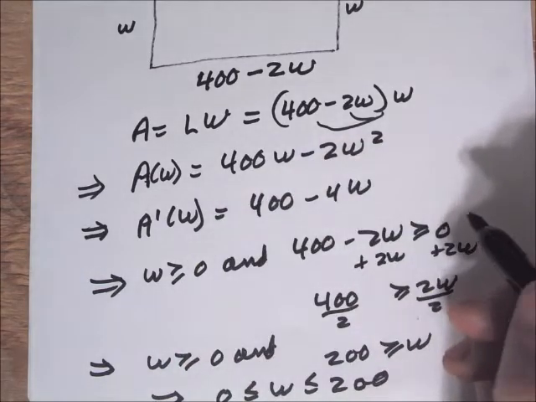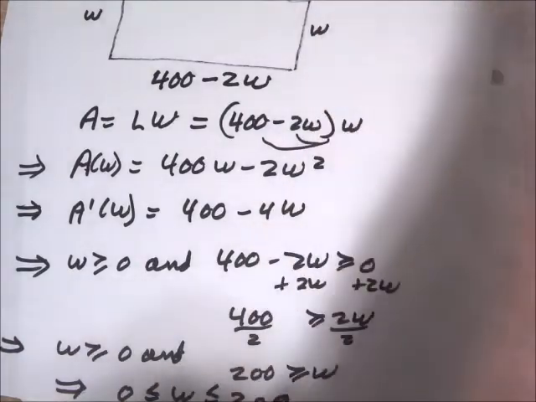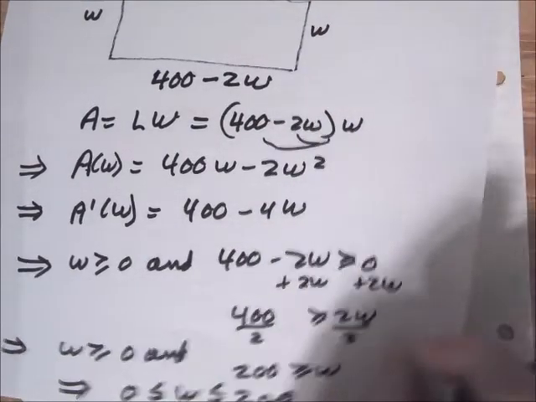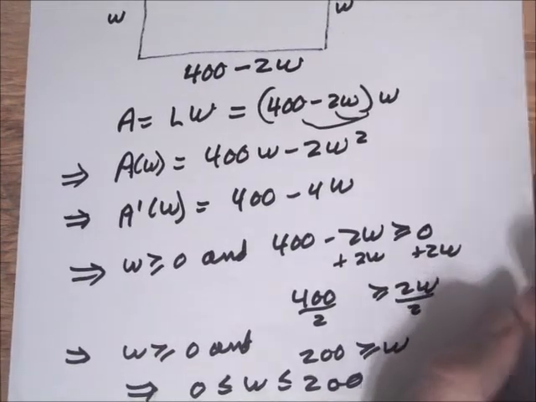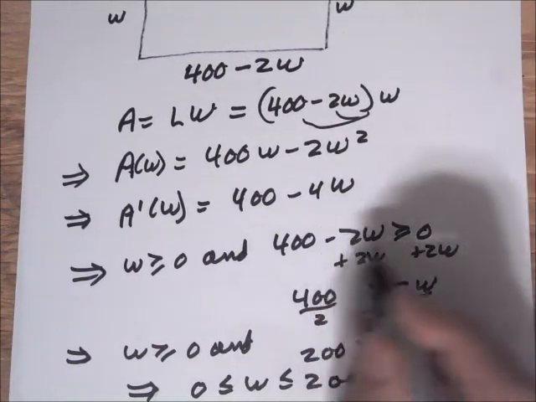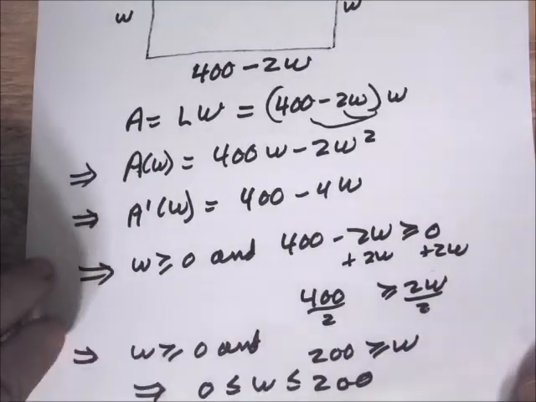So I'm going to include 0 there, but really it should be greater than 0. But we're going to say the width is greater than or equal to 0, and the length is greater than or equal to 0.